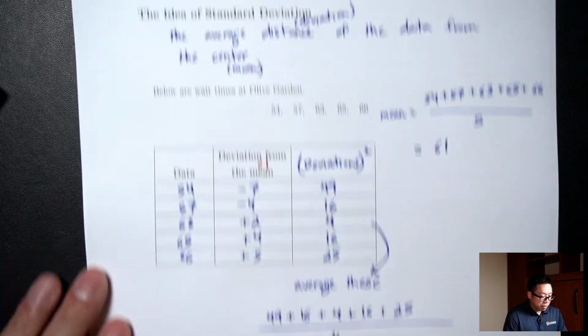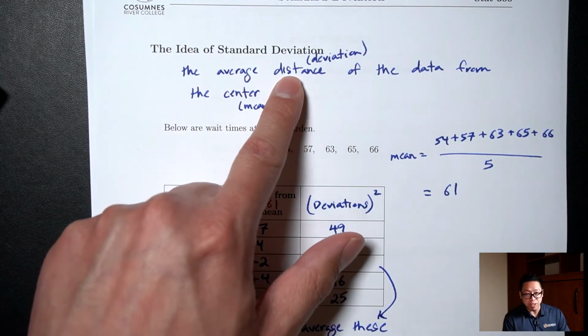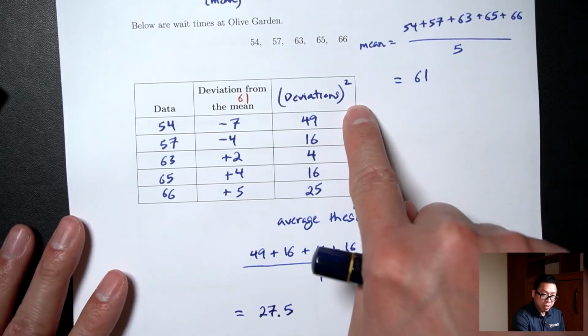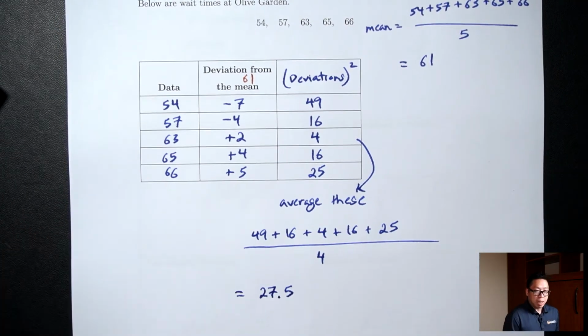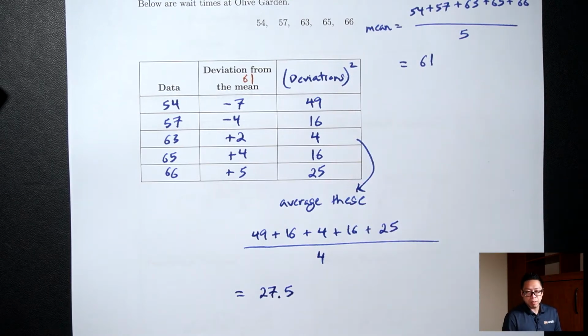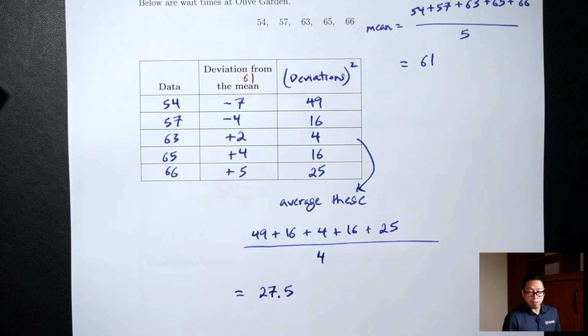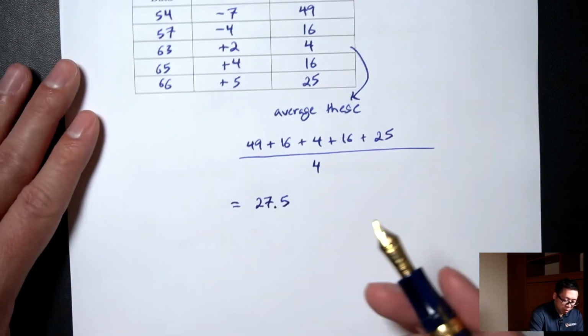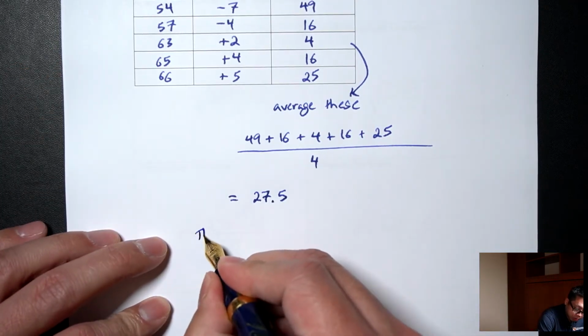Now, what I really want is the average of the regular deviations, not the deviation squared. So as a last step, I'm going to undo the square. So in math, how do you undo a square? To undo a square, you're going to take a square root. So now we're going to take a square root.